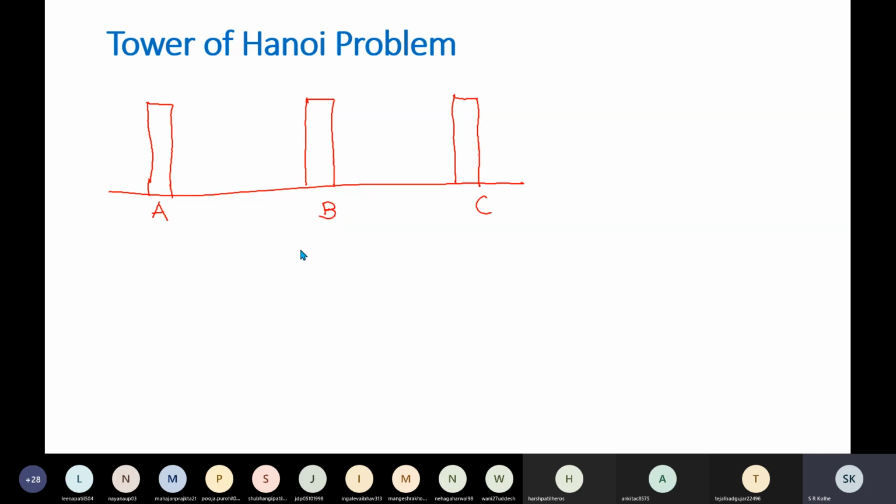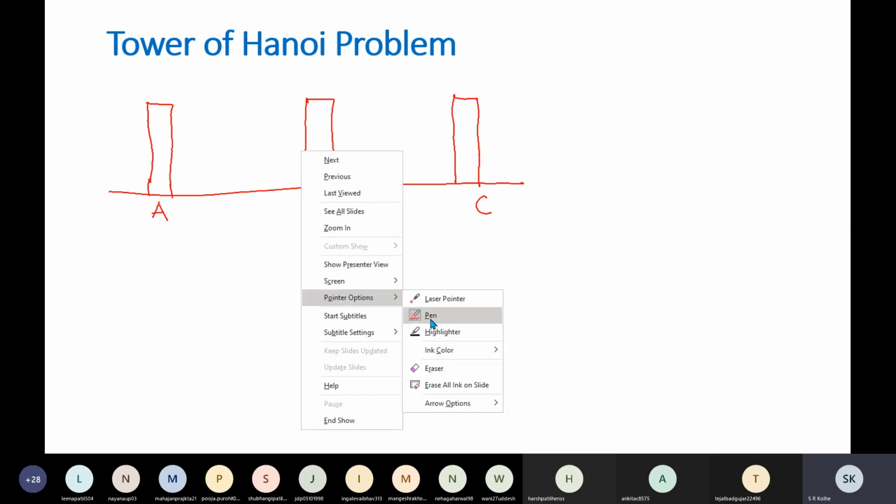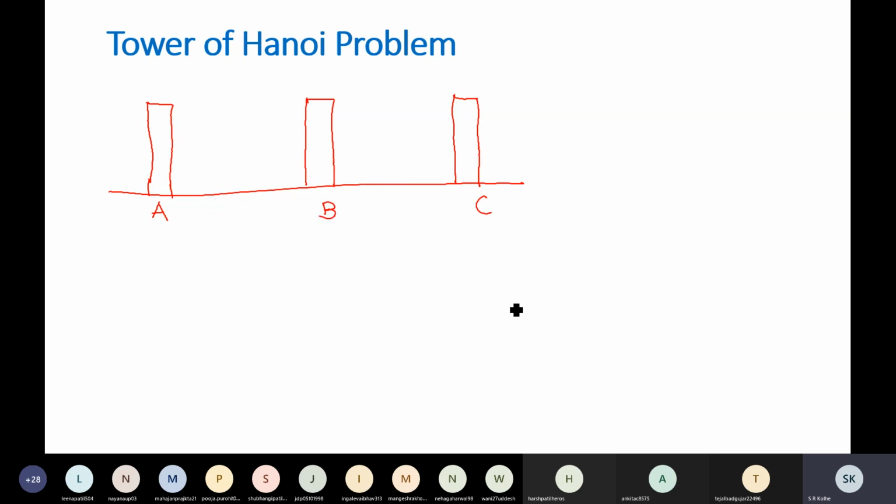In this Tower of Hanoi problem, we are given discs of different sizes which are on pole A. Every disc has a hole, so the disc can be put inside the pole. For example, these are the discs which are inserted on this pole: 1, 2, 3, 4.